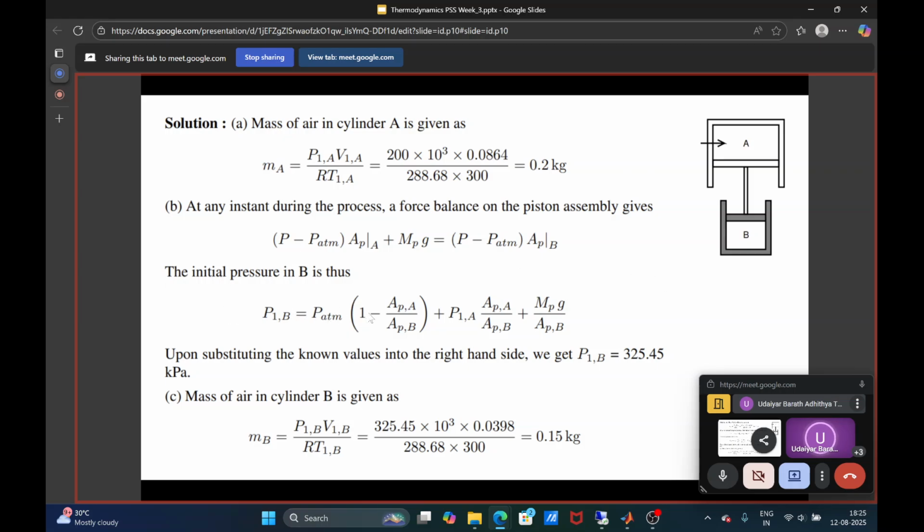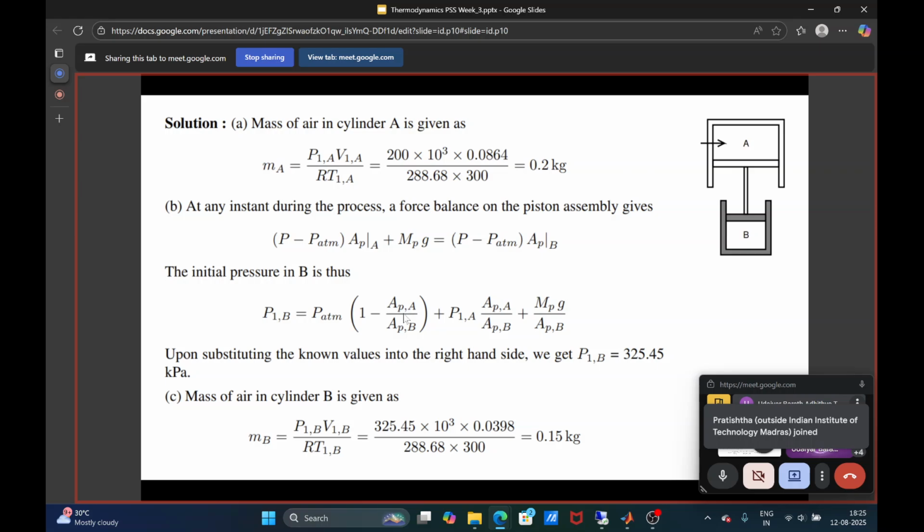P atmosphere times (1 minus area of cylinder A by area of cylinder B), plus the same area ratio into the initial pressure in cylinder A, plus the weight of the piston divided by the area of piston B. Substituting the values, P atmosphere is 100 kilopascal.